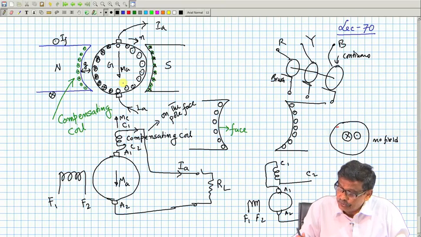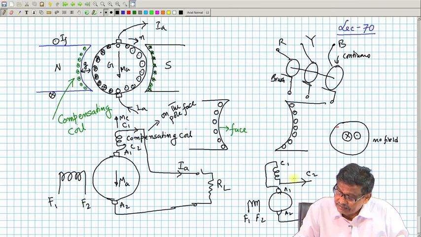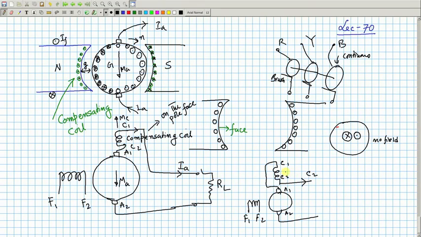But if it is the other way, in this case, this is C2, sorry, what is going to happen? If this is the direction of IA, through C1 current enters, therefore it will produce MMF also in the downward direction, and MA was also in the downward direction.